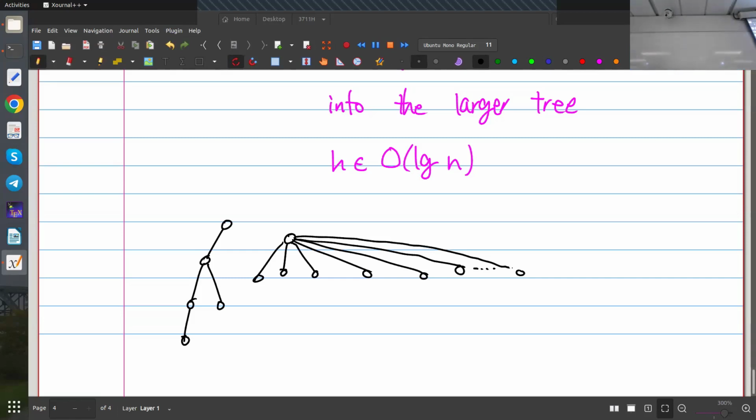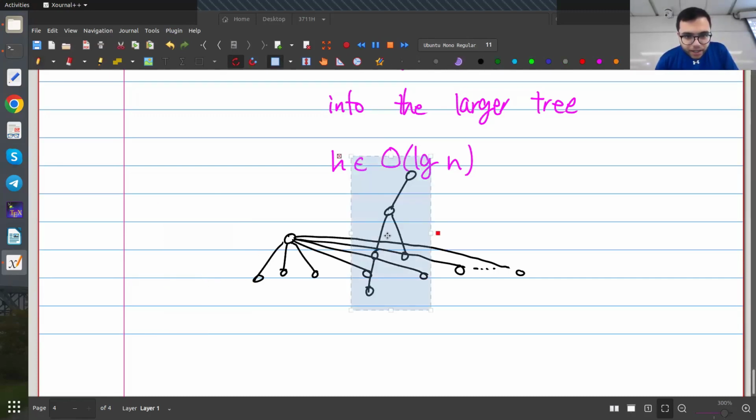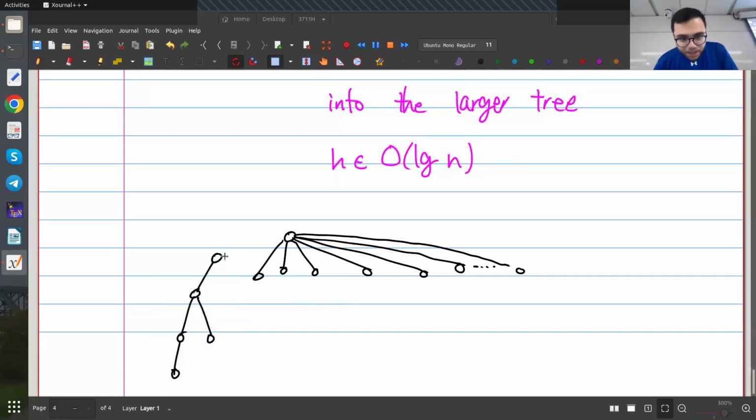Okay. So now our algorithm says that, well, you have to make the smaller tree a child of the larger tree. So you have to basically take this tree and make its root the child of the root of the other tree. You have to do this, okay? And that's fine because we've already proven that our algorithm gives us a height of O(log n) in any case.